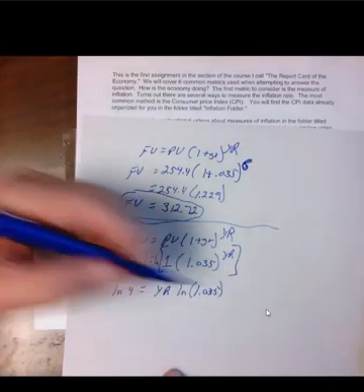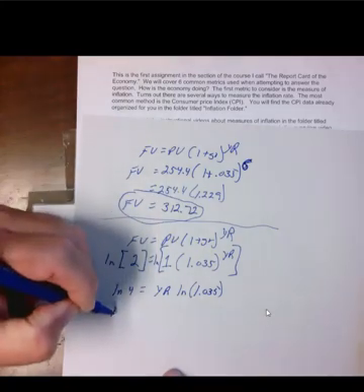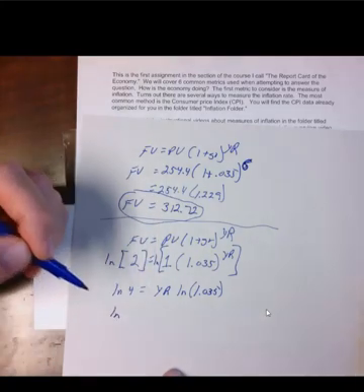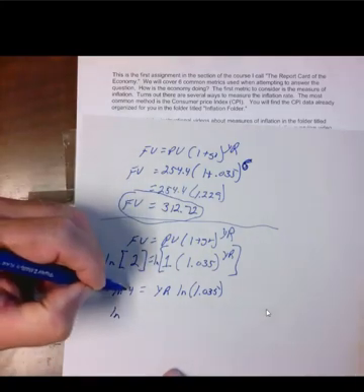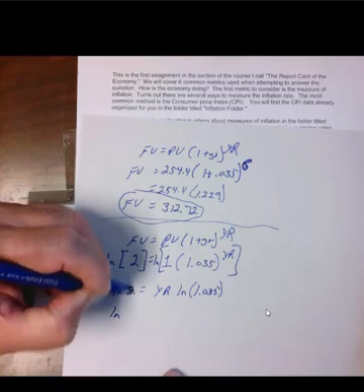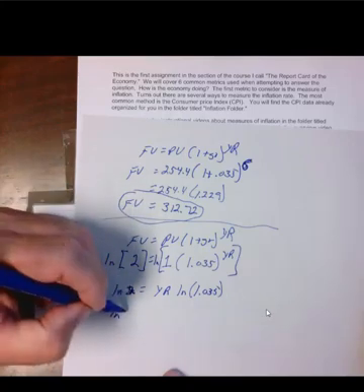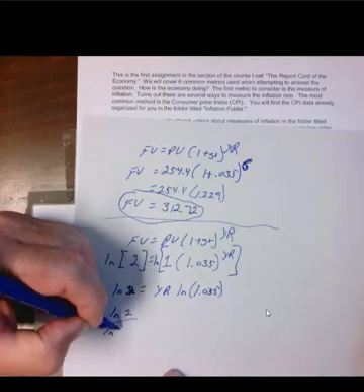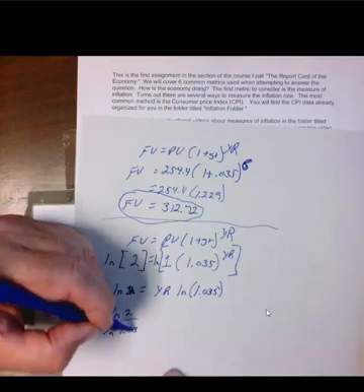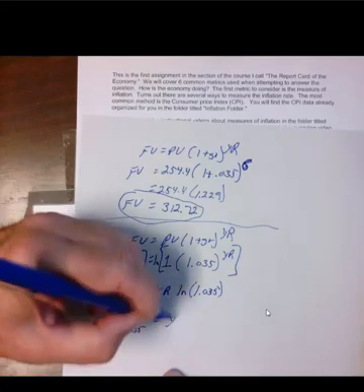And now I can divide both sides by the log of 1.035, and I get the log of 2 divided by the log of 1.035 is how many years out it is.